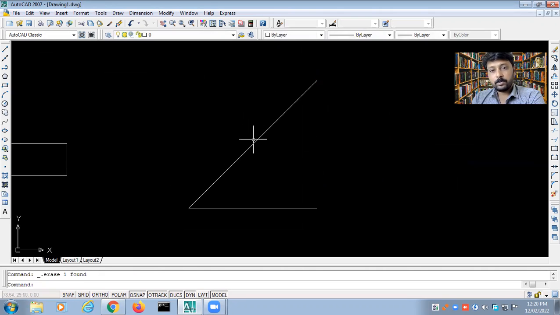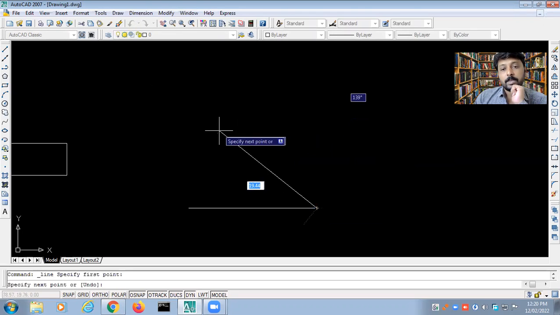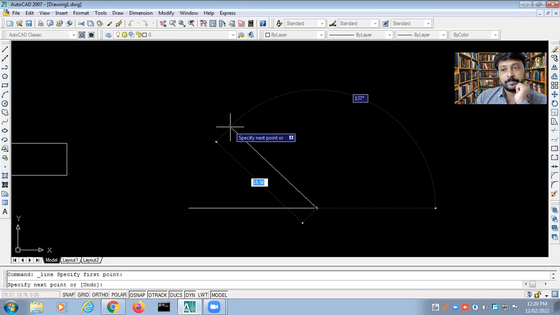Now say we want to create a different type of triangle. I would take a point from here, and I want a triangle having an angle of 30 degrees. As you know, this is the horizontal line.